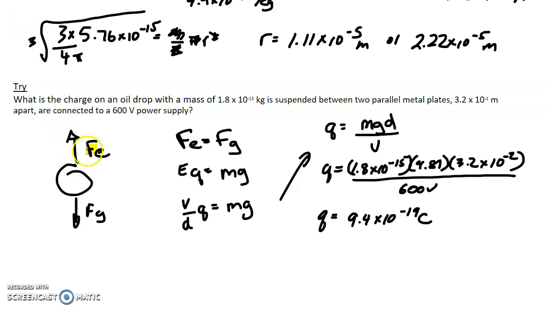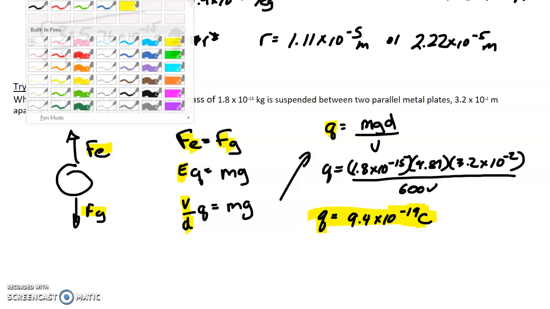Again, electric force and gravitational force is going to be on there. Electric force is equal to the gravitational force, where the electric field strength can be found by the voltage divided by the distance. Manipulate this around to find the charge, and this is just the magnitude of the charge. 9.4 times 10 to the negative 19 coulombs.